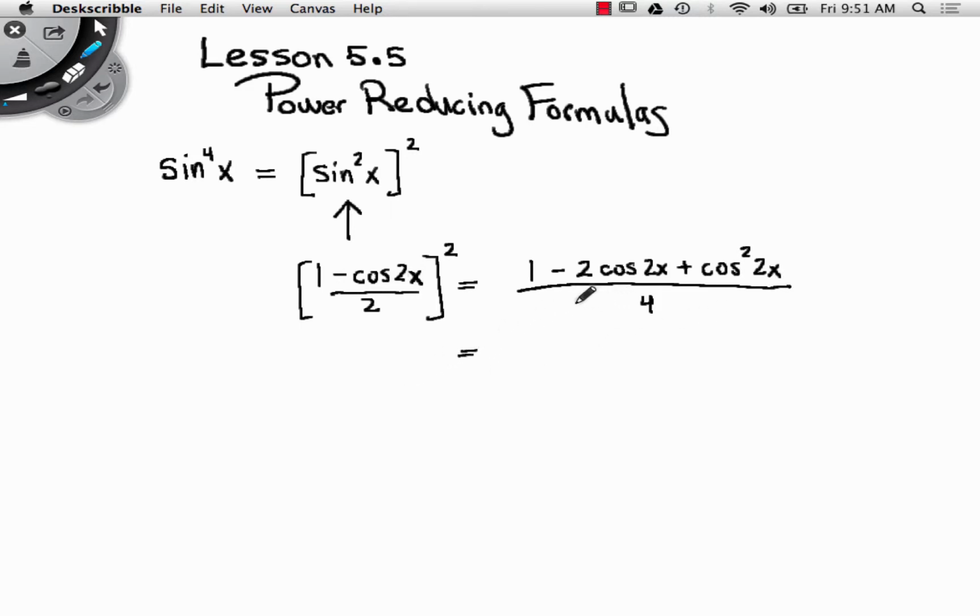I wrote this out twice, and I just did the first, outer, inner, last, and that's where I'm getting all of that. For the first cosine, is it 2x or squared? This one right here? Yeah, 2x. This is just 2 times the cosine of 2x.